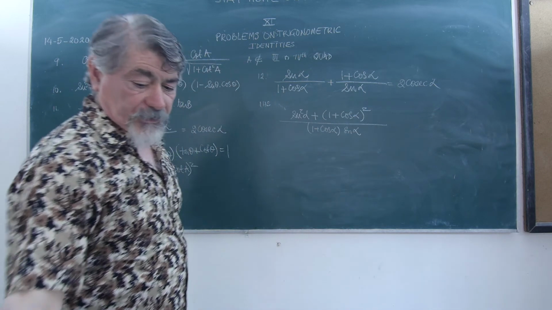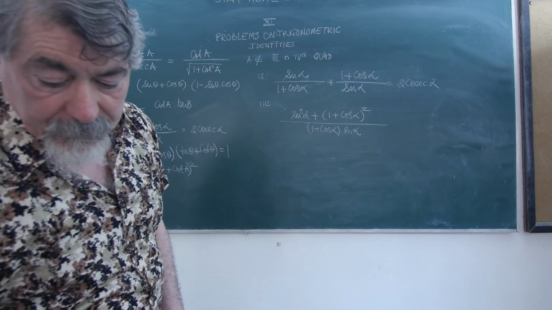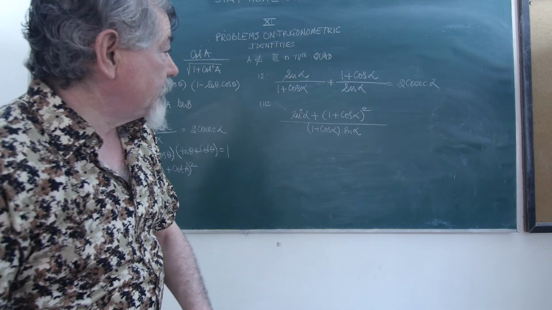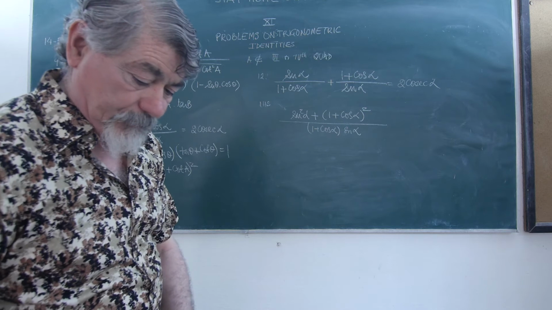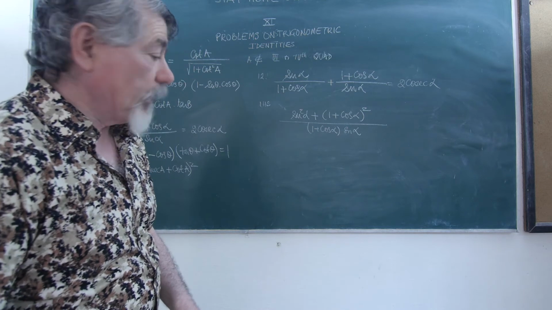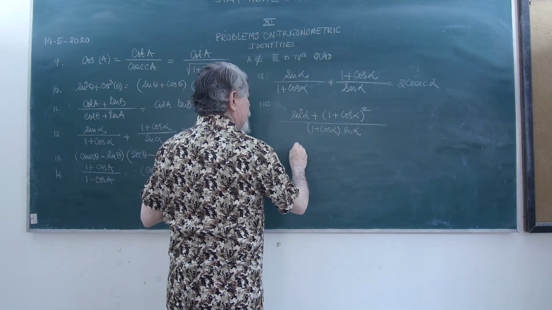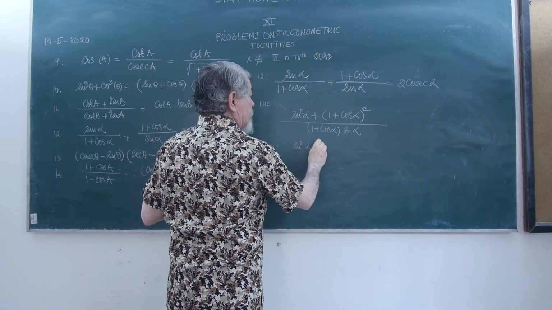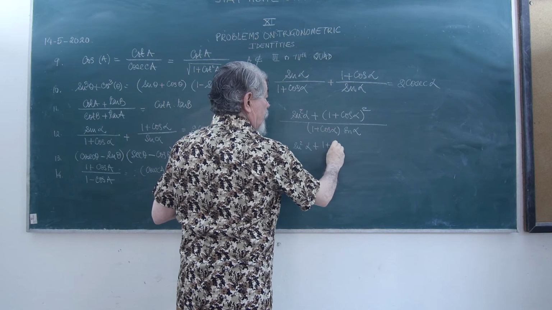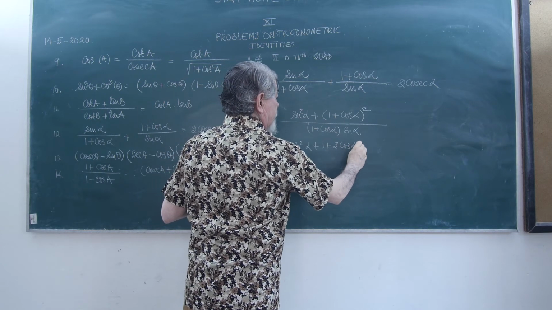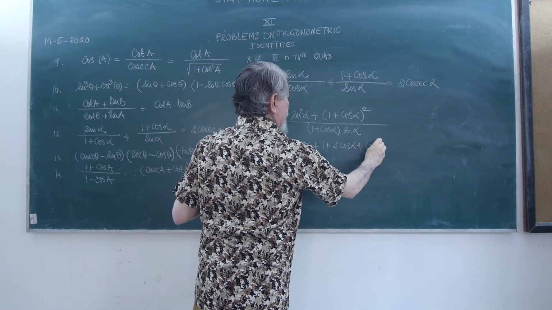Now it will become what? Sin square alpha, and let us open 1 plus cos alpha whole square. It will become sin square alpha plus 1 plus 2 cos alpha plus cos square alpha.